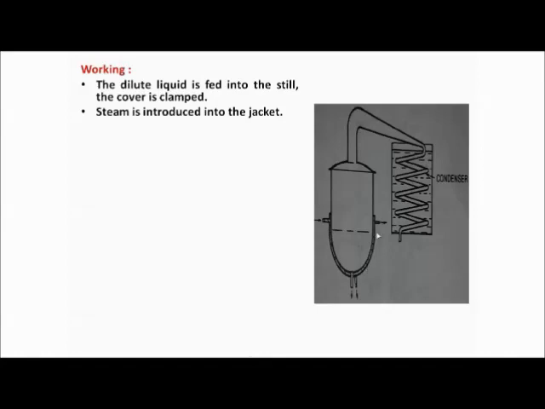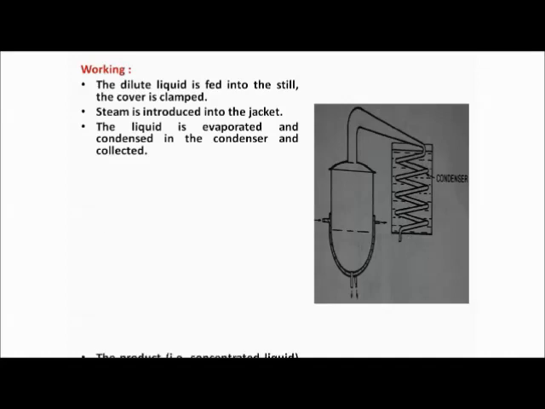As the steam carries the heat, it will transfer from the jacket into the liquid inside and start heating it. The liquid is evaporated, and the vapors pass into the condenser, are condensed, and the liquid is collected here.